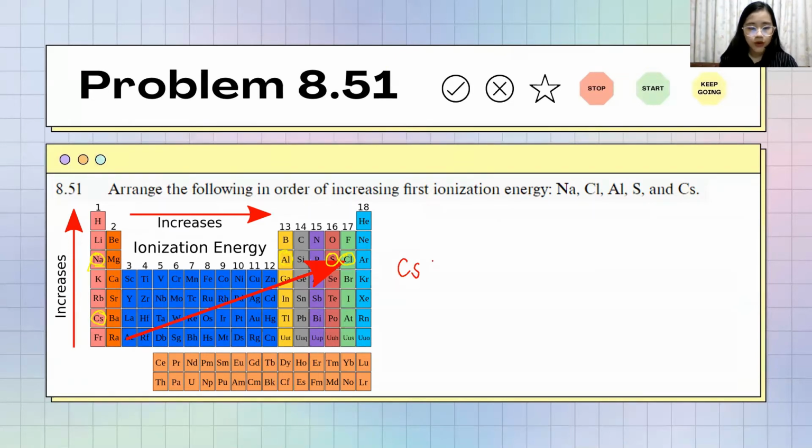Then we go up the periodic table, and we can see that sodium, aluminum, sulfur, and chlorine are in the same period. We know that ionization energy increases from left to right, so we're just going to write it here.